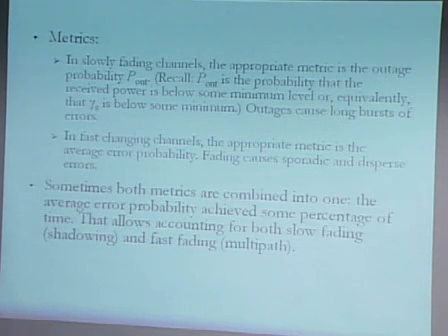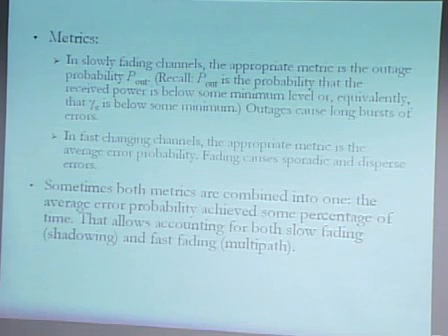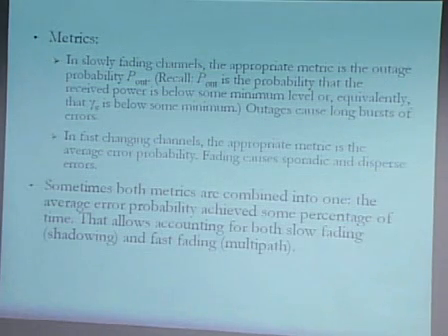In slow fading channels, the appropriate metric is the outage probability. We studied this extensively in chapters 2 and 4: chapter 2 for shadow fading, and chapter 4 also for the capacities. Remember that the outage probability, P_out, is the probability that the received power is below some minimum acceptable level, or equivalently, the probability that gamma_s is below some minimum.